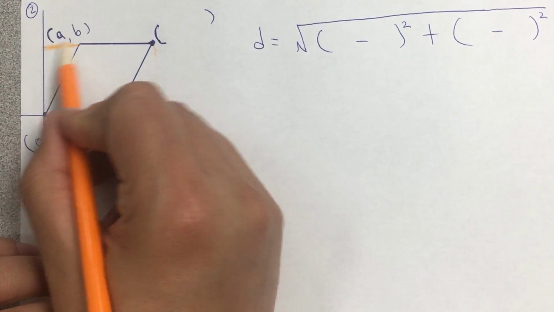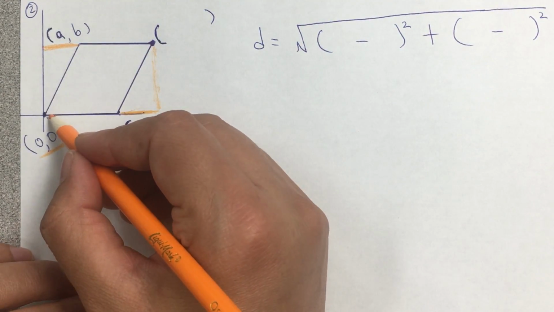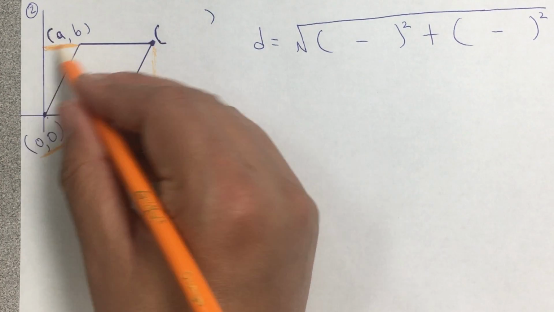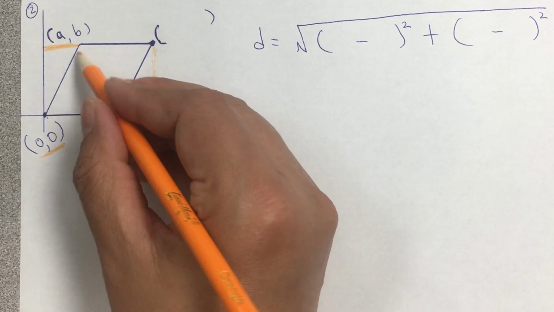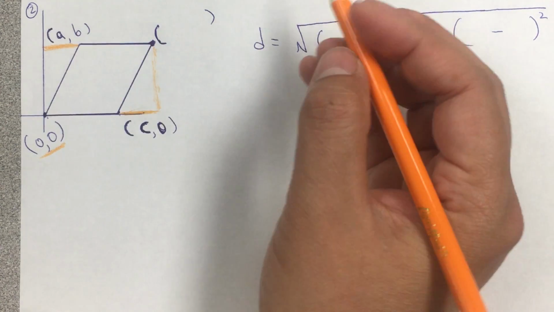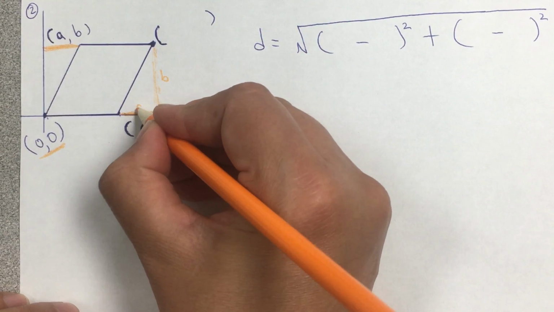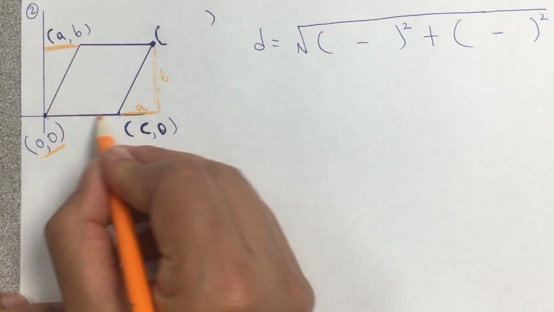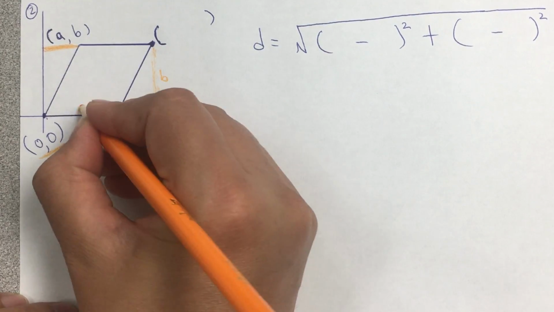So this is the same as this one. And so we can say that this is A, because on x we go A and then up is B. So this is B. This measurement is A, so it's A in here. And this measurement, because of this, we found out that it's C.